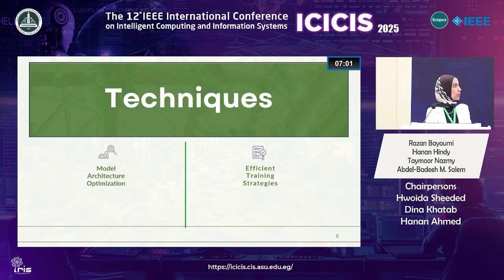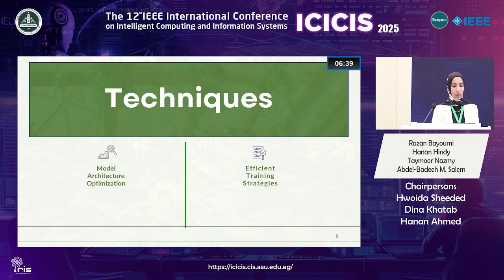From here, the main objective of our paper is to see the different AI techniques that we need to import into our development pipeline in order to have greener models.